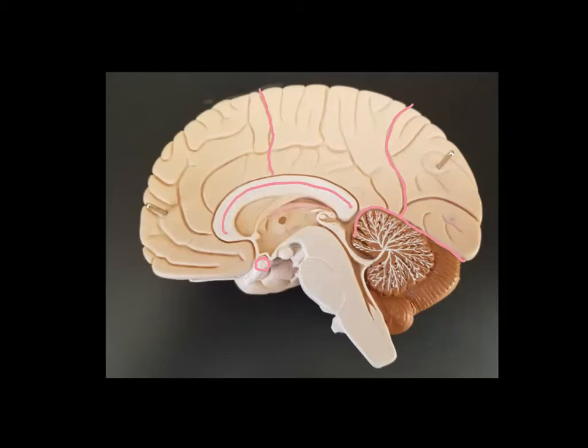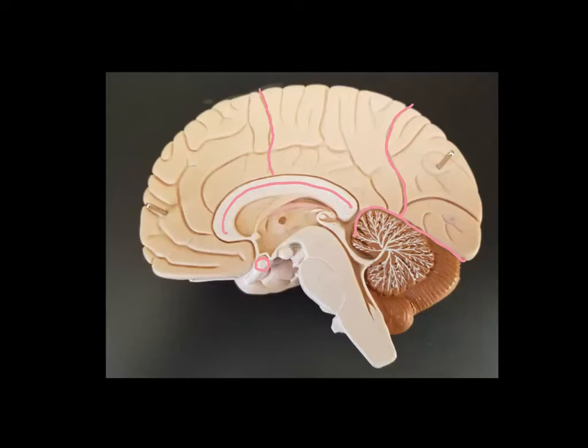All 4 of them together make something called the corpora quadrigemina. So when you're looking at your lab manual, you will see this structure right here called the superior colliculus of the corpora quadrigemina, and here the inferior colliculus of the corpora quadrigemina. So corpora quadrigemina is just all 4 of them together.